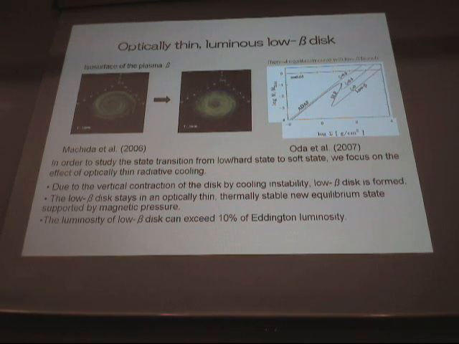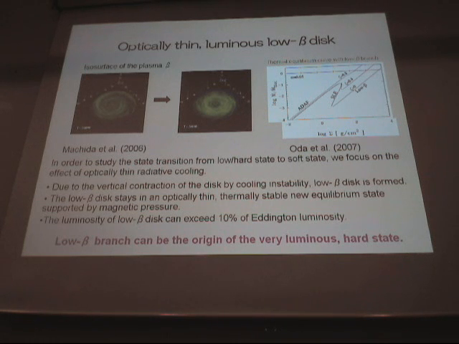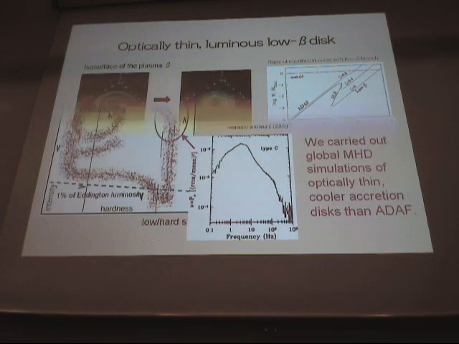The luminosity of this low beta branch can exceed 10% of Eddington luminosity. So we consider the low beta branch can be the origin of the very luminous hard state.